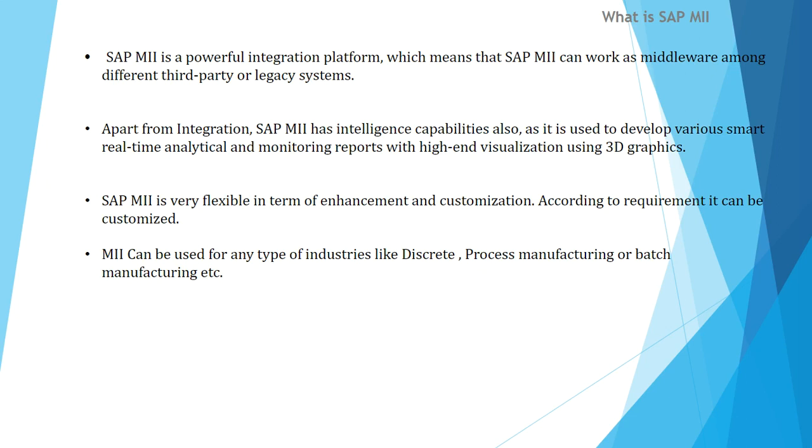It is used to develop various smart real-time analytical and monitoring reports with high-end visualization using 3D graphs. To develop analytical reports or any dashboards, you can use any UI technology like SAP UI5, or there are already inbuilt display templates available in SAP MII.